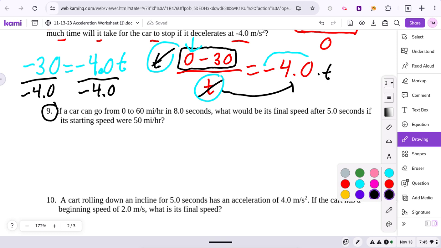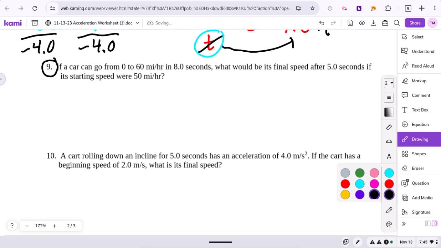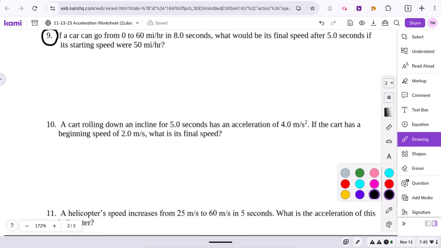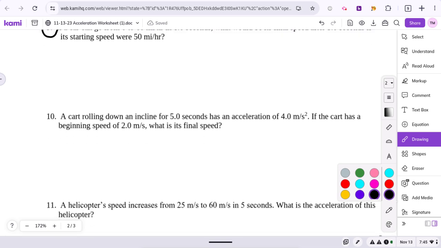So you'll just continue. Number 9, similar question. So once again, you'll need to use some algebra skills here, right? You need to get the final speed. So it gives you other information, but it does not give you the final speed. Okay? So it says it starts, right?